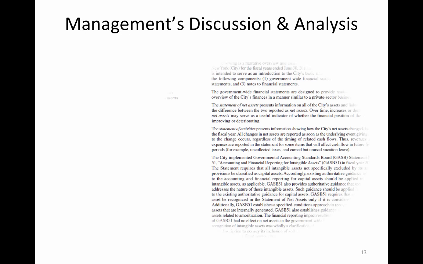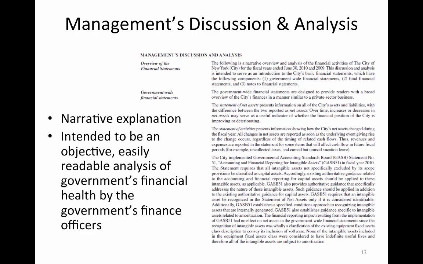Let's take a quick look at MD&A. This precedes the financial statements, usually right after the audit opinion and before the government-wide statement of net position. It's a narrative. When it's done well, it really helps you to understand what happened in the government in that year, because certainly the person who's writing this, the finance officer, knows a lot better than anyone else what happened with the finances of the government over the past year.